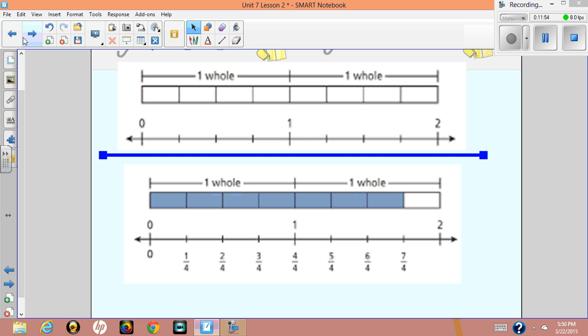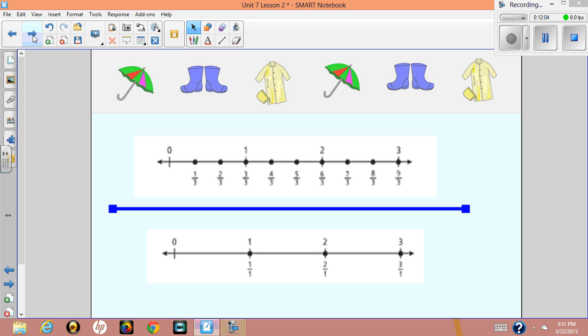Can you see how we can have a numerator that is larger than a denominator, which identifies that we have more than 1 whole? Here's another example. On a number line, we have 1/3, 2/3, 3/3, 4/3, 5/3, 6/3, 7/3, 8/3, and 9/3, which identifies 3 wholes.